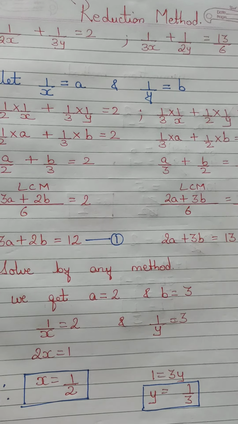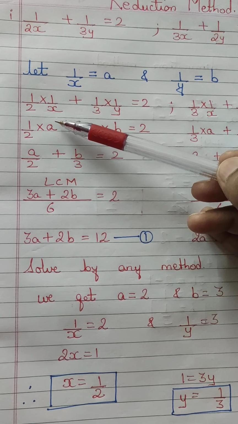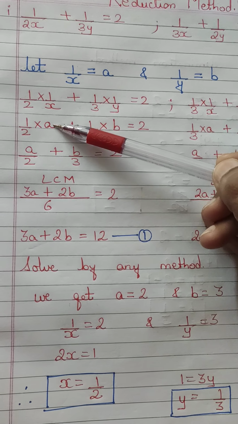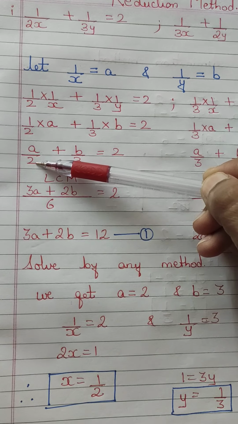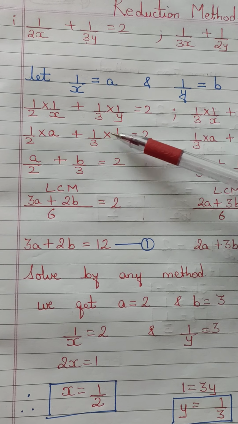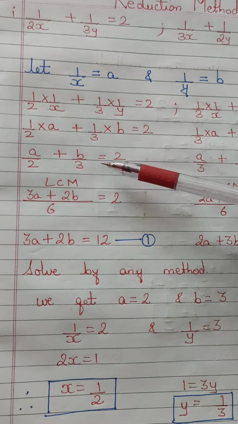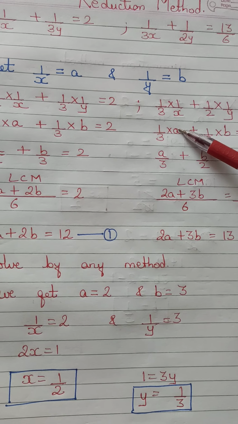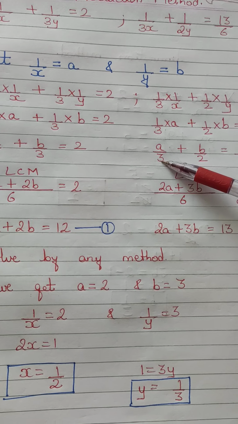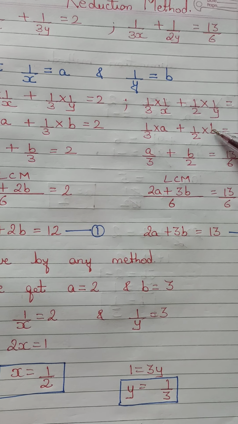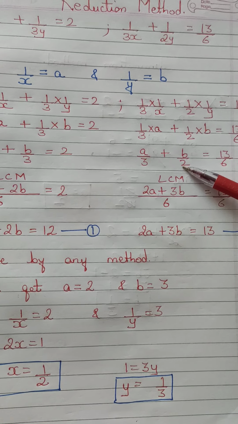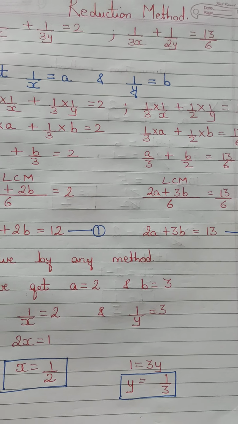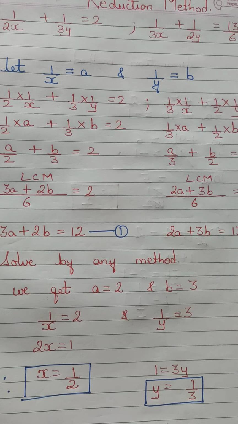Is it okay? Now, 1 upon 2 into a can also be written as a upon 2 and b upon 3, which is equal to 2. Same way, 1 into a is equal to a upon 3 plus 1 into b is equal to b upon 2 is equal to 13 upon 6. I hope till here everybody has understood.